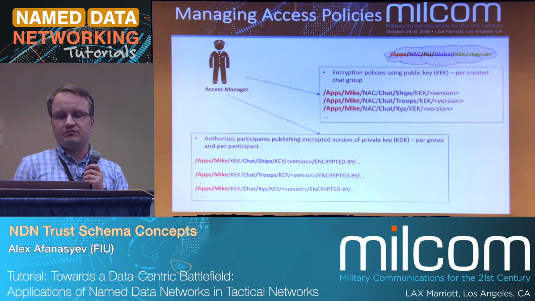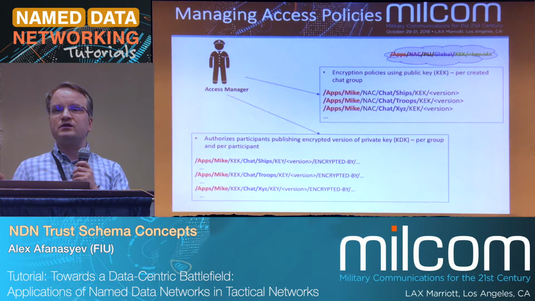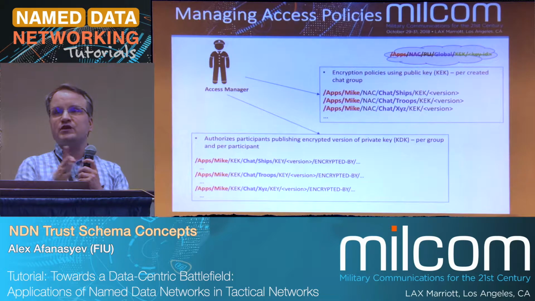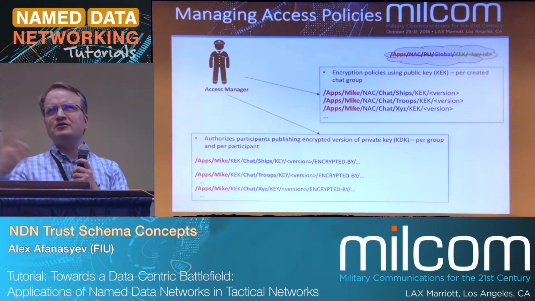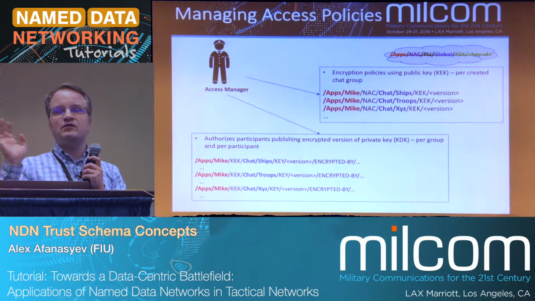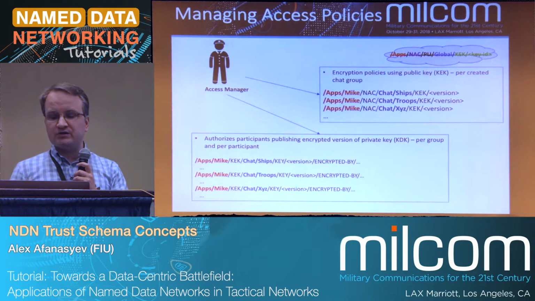The rest of the process is exactly the same. He defines the policy by creating the corresponding key encryption key and key decryption key. He gives access to the chat room by encrypting the key decryption key using the public keys of all participants he wants to give access to, and everybody can publish data in this chat room using symmetric key cryptography.